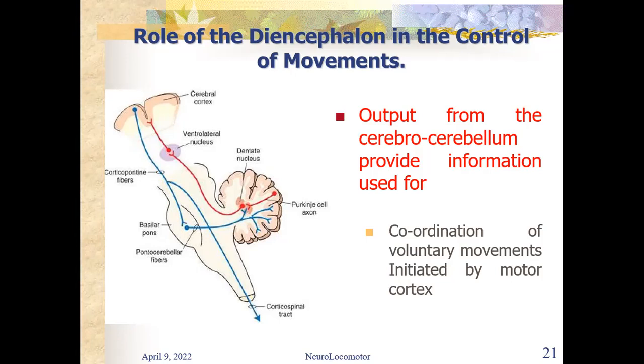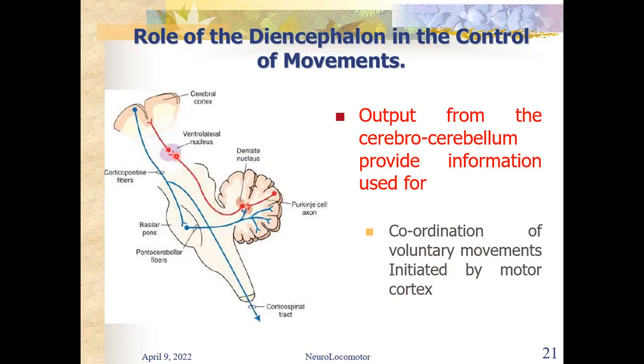Remember, the cerebrocerebellum is also involved in the planning of voluntary movements, alongside the basal ganglia; the idea is conceived by the prefrontal cortex. The cerebrocerebellum is also involved in the coordination of voluntary movements initiated by the motor cortex. So that is the function of that tract that you are seeing here.